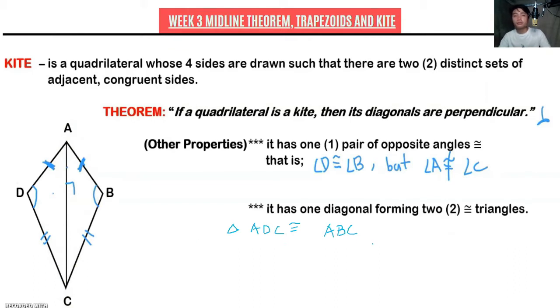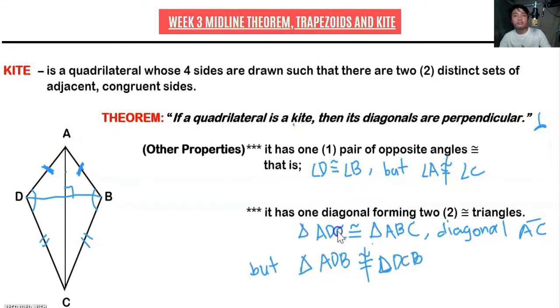So, hindi natin mabubuo yung sa kabila. ADC is congruent to triangle ABC. Diagonal AC ang ginamit natin. But ADB, hindi daw siya congruent sa triangle DCB kapag ang ginamit natin is the diagonal DB. Kasi hindi naman sila magkasing laki. Naintindihan yung theorem about sa kite.